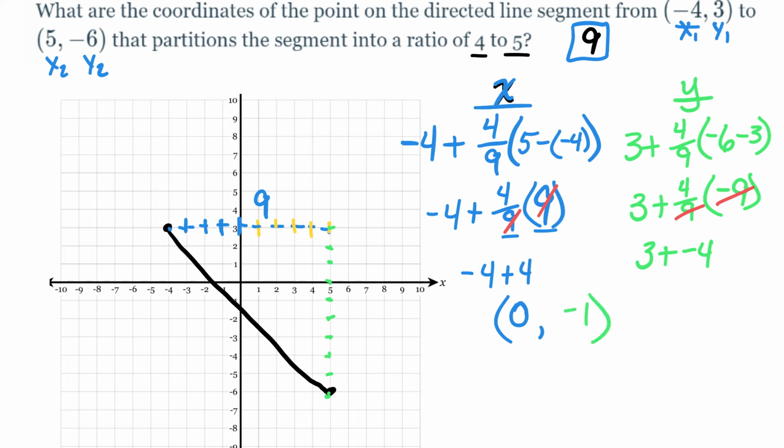Now let's count our parts as we go down here. 1, 2, 3, 4 parts does put us at negative 1. So as we move over, this is going to go down, and this is going to go over. So you see I'm not on the line, so I've clearly made a mistake, and I see where it is.